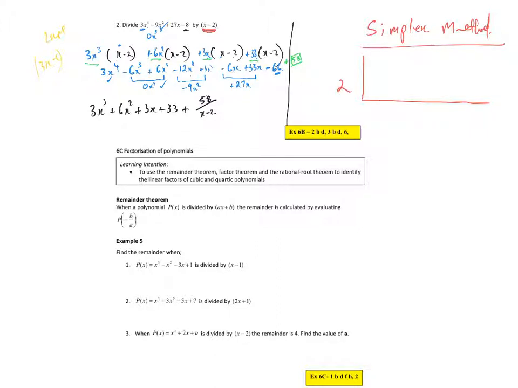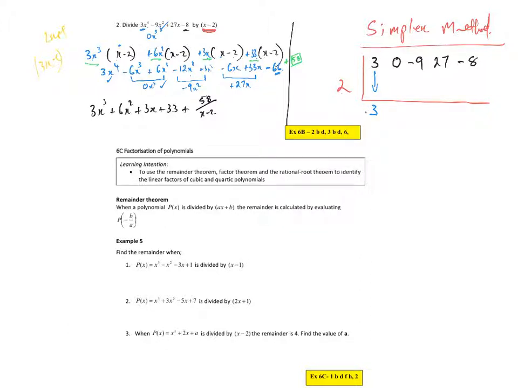And all the coefficients: 3, I've got 0x cubed, remember, negative 9, 27x, negative 8. Each time we just bring the first term down.